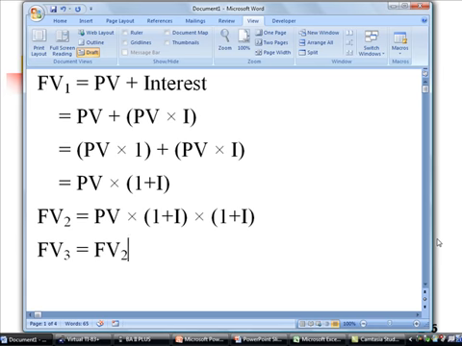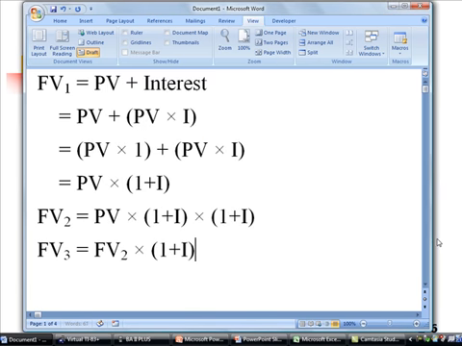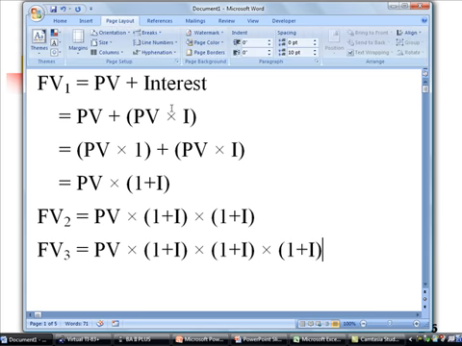Well, that'd be the future value after 2 periods times 1 plus I. But again, we already know what the future value after 2 periods is. So we just substitute it in. Okay?